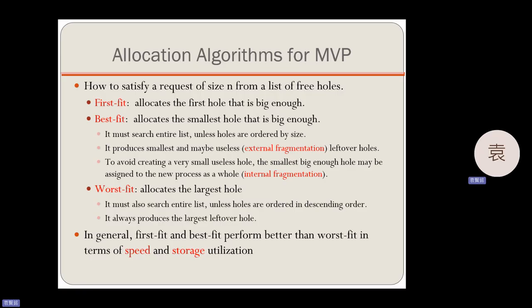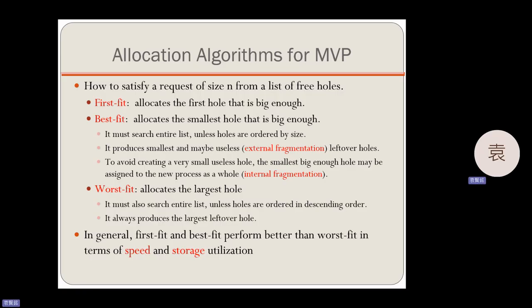That's the best fit. You must search the entire list if the holes are not sorted by size. If it is sorted by size, then the smallest one is the first one you find which is big enough.